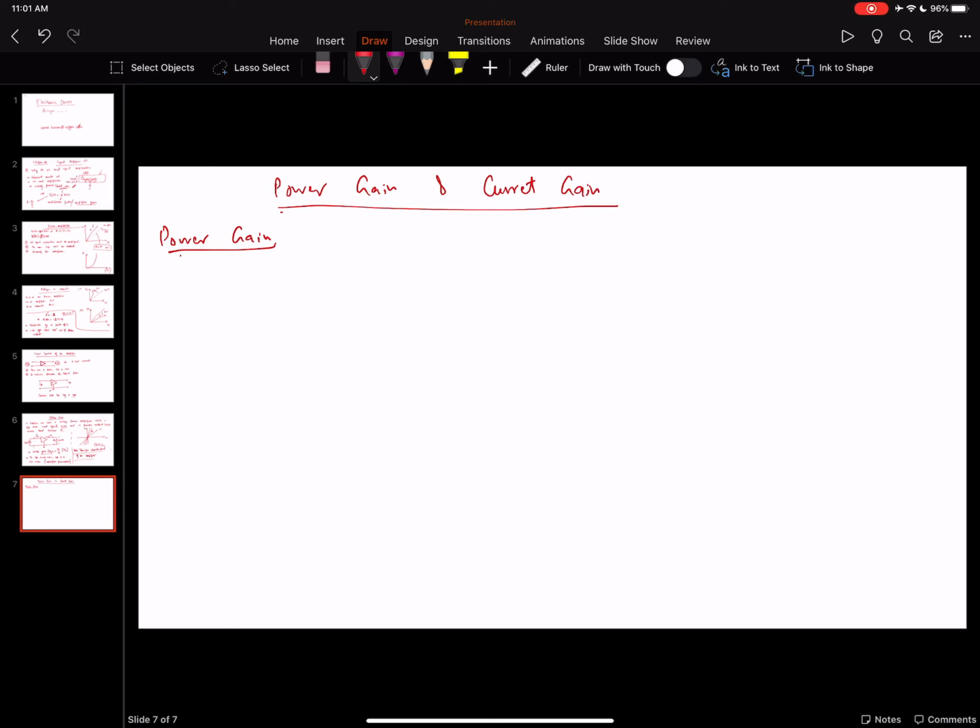In terms of a power gain, our amplifier will provide higher power to the load compared to what is drawn from the source, right? So it needs to increase the power.